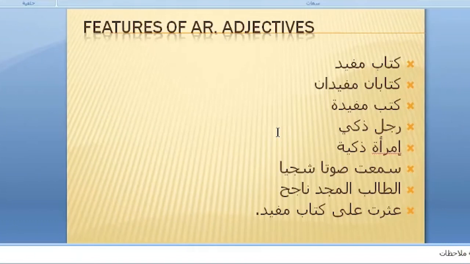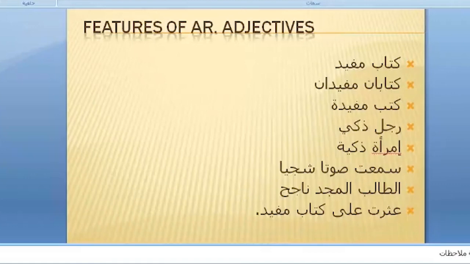That is to say, هذا يعني the adjective in Arabic follows its noun in terms of its case, فيما يخص حالته. Now, let us transform these three examples into English, and we will compare between the Arabic adjective and the English adjective.